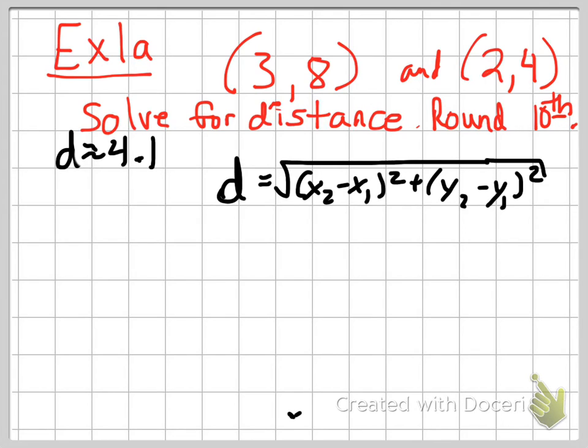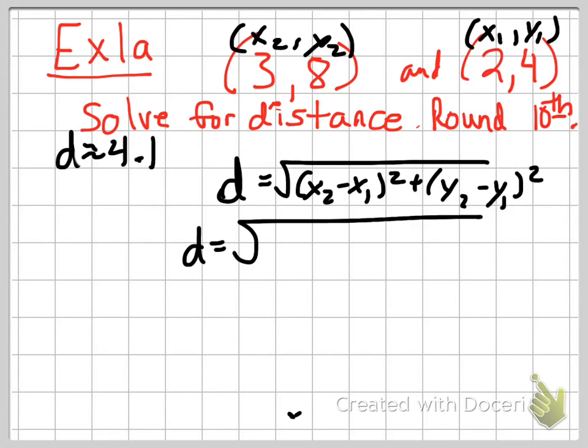You should have written above each set chosen. You could have picked this as your x2, y2, which is what I'm going to do here. If you did it the other way, that's fine as well. In the end, your answer is going to be the same. This is x1, y1.